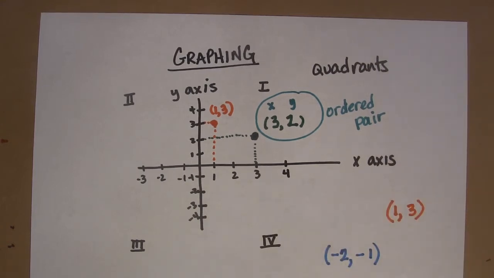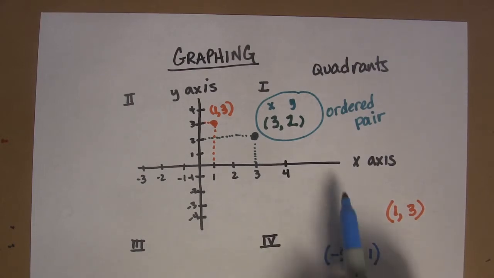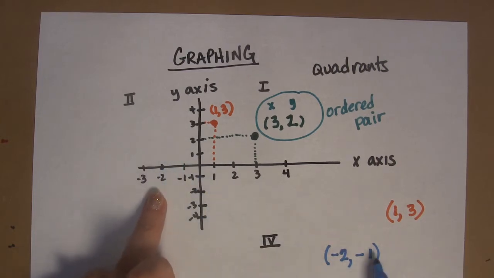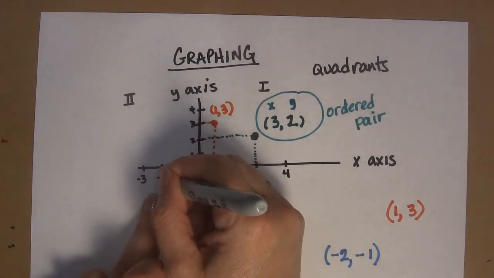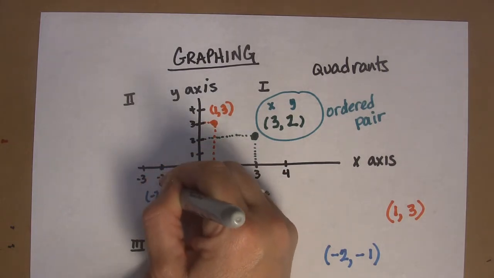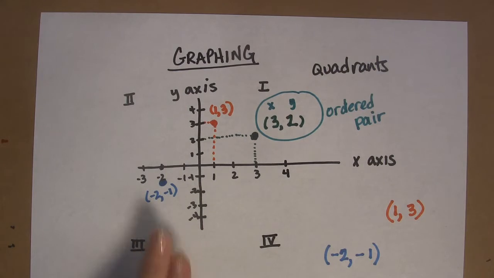What would that give us? Well, -2 comes first, that's our x-axis, so I go to -2 on the x-axis. And then -1 is our y-axis, so that would be right there, -2, -1. That's our ordered pair. And that one is in quadrant 3.